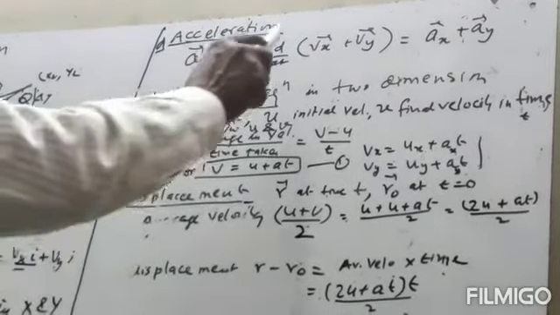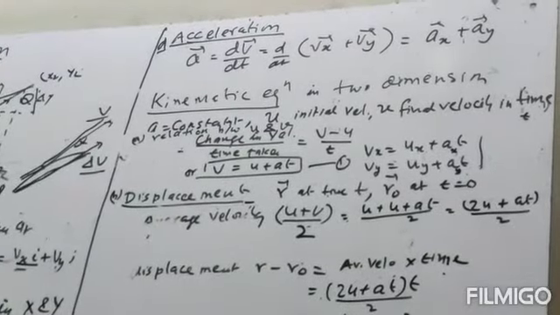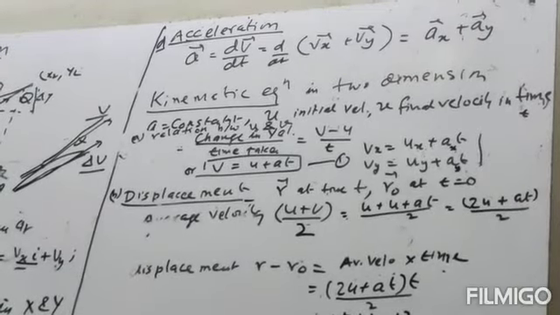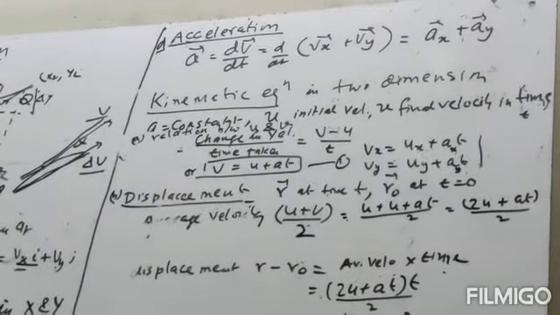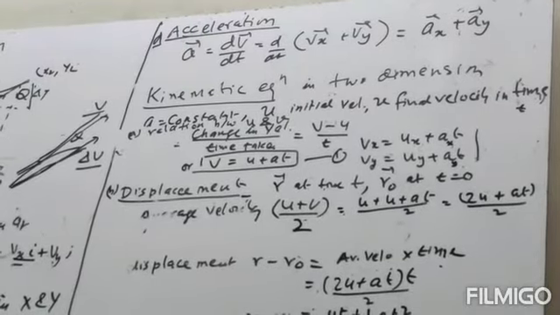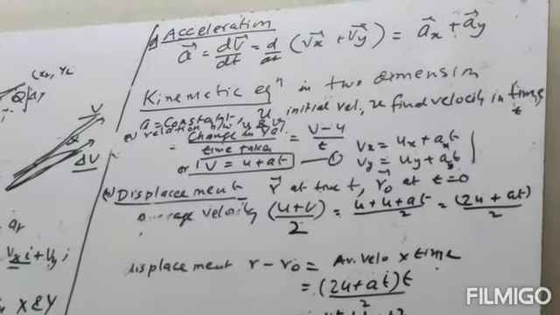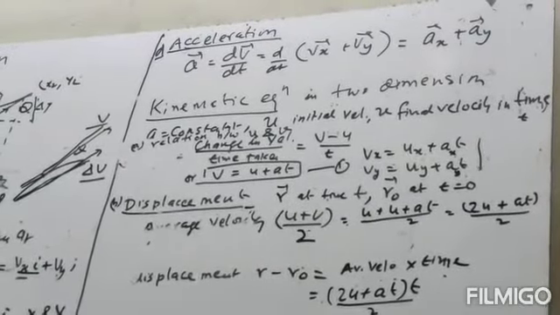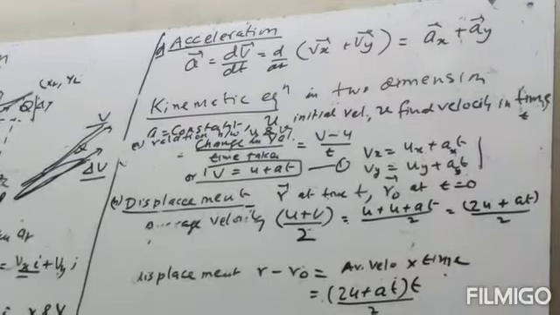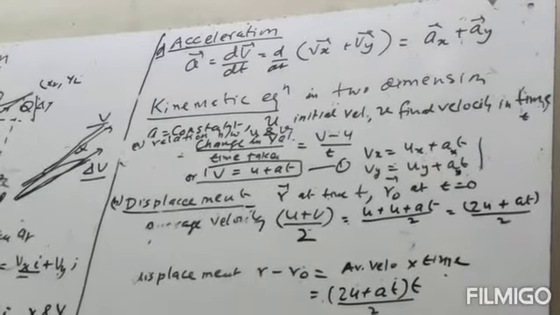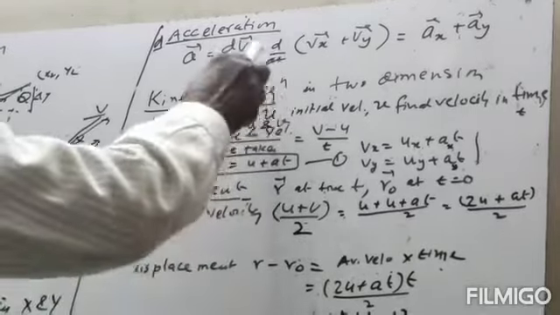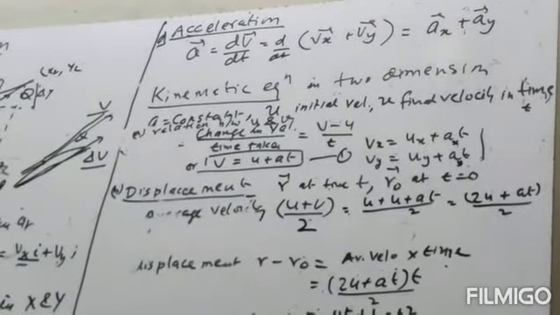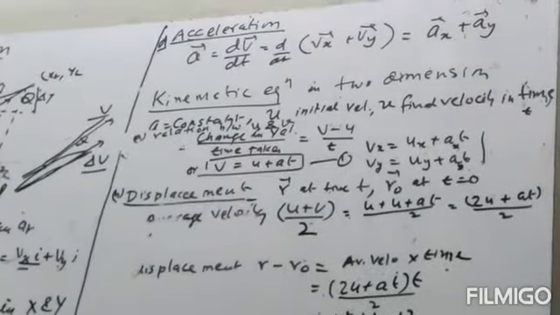Now the velocity in two dimensions in the xy plane will be equal to vx plus vy. vx is the component of velocity in x direction. vy is the velocity component in y direction. So the acceleration will be equal to d by dt of the vx vector plus vy vector, that is the total v vector.